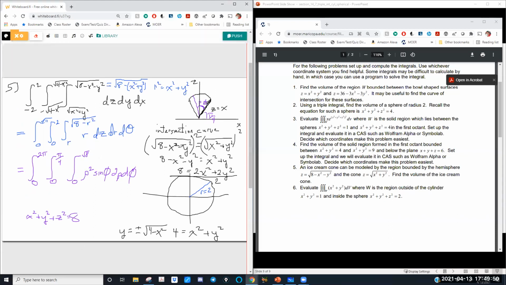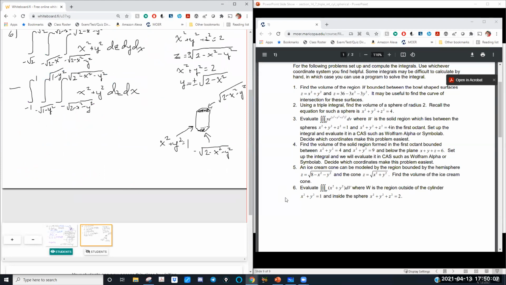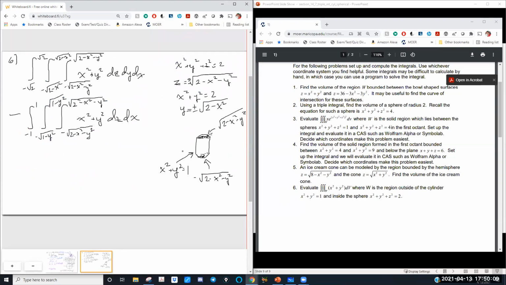This one, we would recognize that we have a sphere and a cone, which are both fundamental surfaces of spherical. So ideally, we would have gone right to spherical. The one we're working on now has one spherical fundamental surface and one cylindrical fundamental surface. We would have gone to either cylindrical or spherical first, not rectangular. Rectangular is not the one we would have done first.